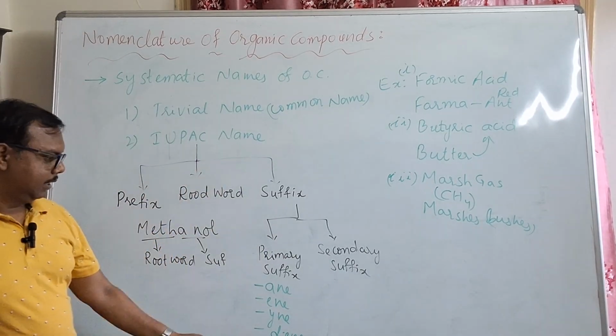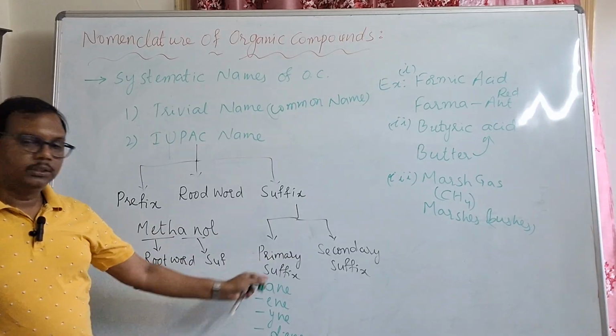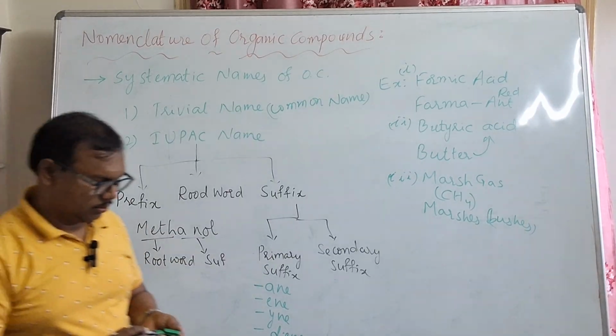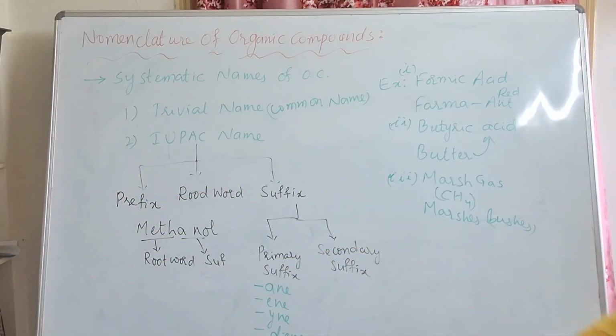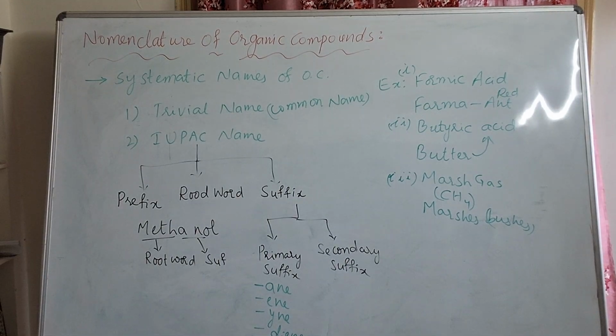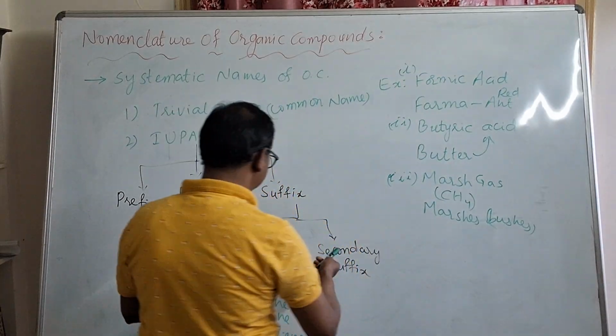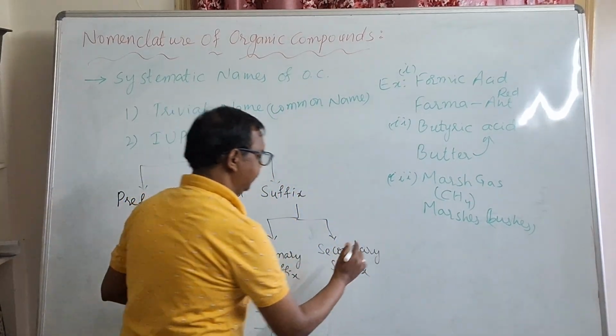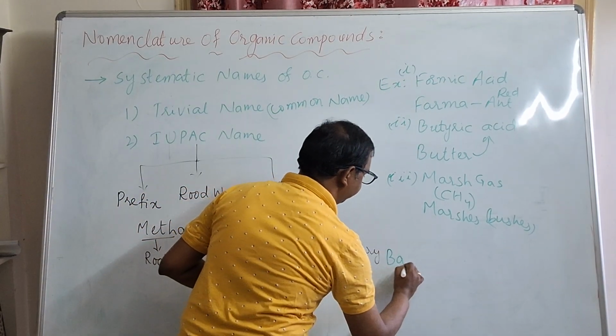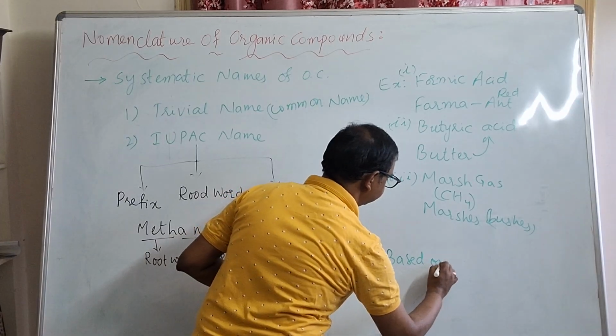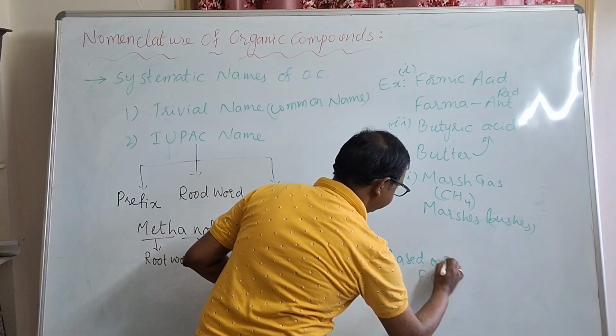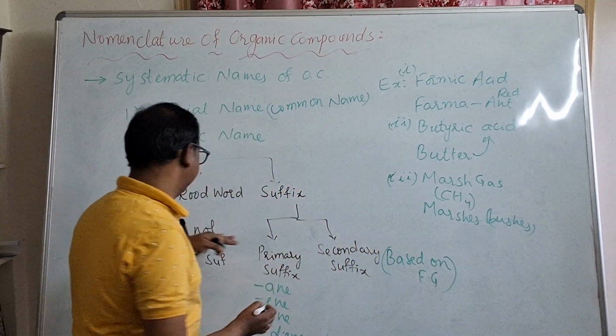These are called primary suffixes, you have to keep that in mind. The secondary suffix is based on the functional group. We'll go through that in detail.